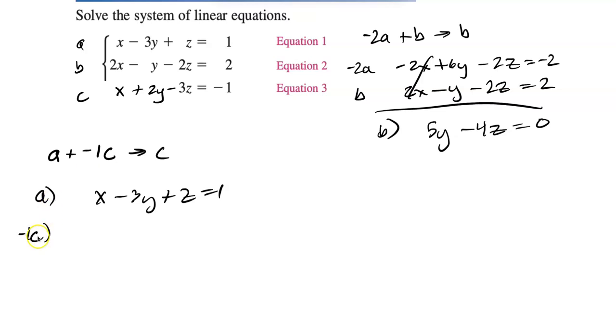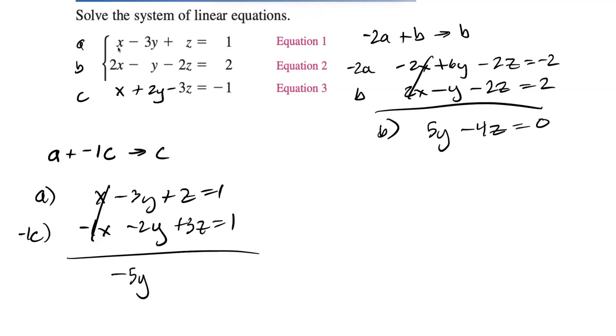Again, I'm just doing that so I know what's going on. I'm going to multiply all of row 1 by -1, and then I can add them up and the x's will cancel. So I get -x minus 2y plus 3z equals 1. Then I'm going to add these up. Those cancel. I get -5y plus 4z equals 2. So that's my new c.